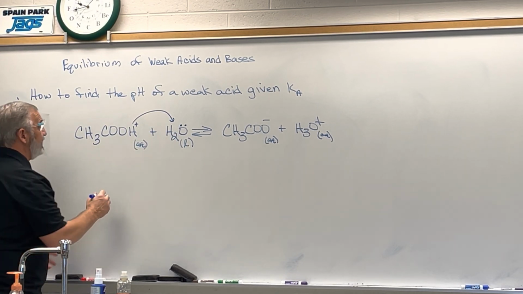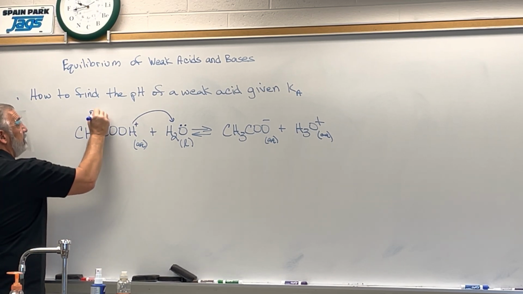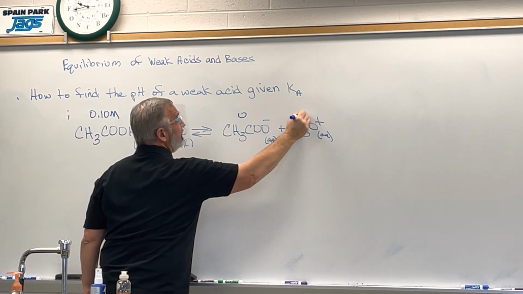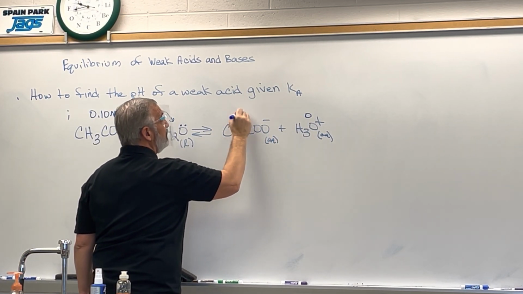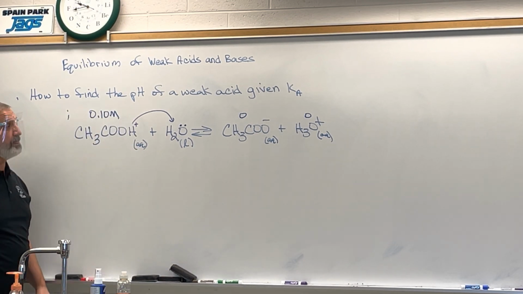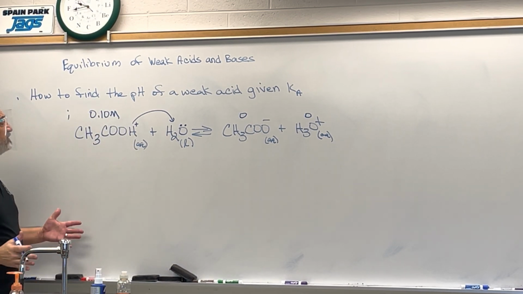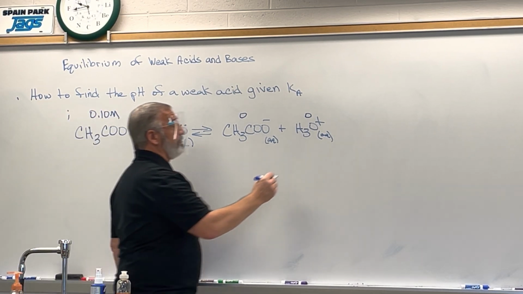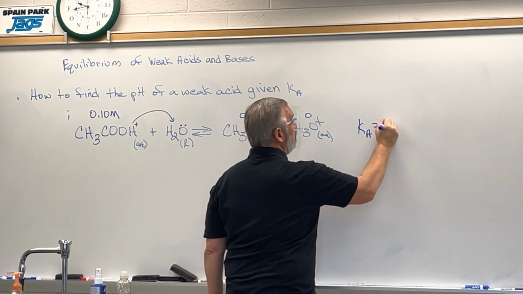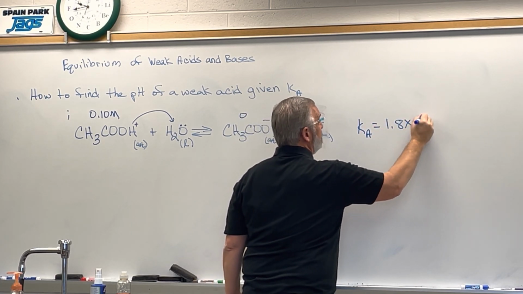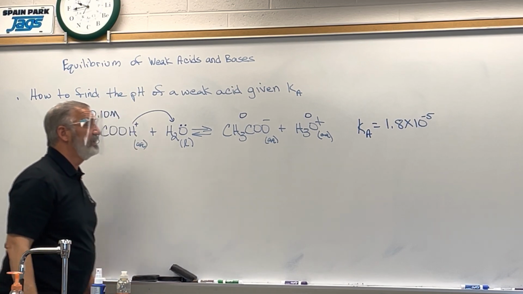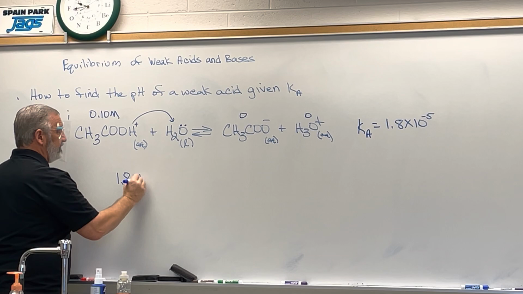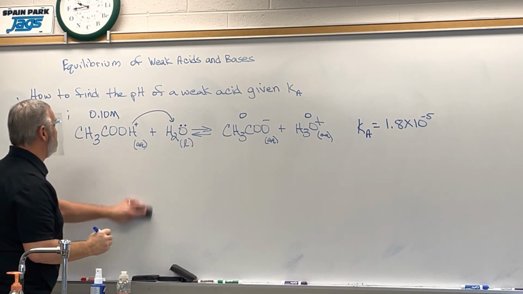Now, let's say I put in 0.1 molar of this initially, and we have 0 and 0. But now, because it's a weak acid, can I assume 100%? No. So this is where I have to use equilibrium. My Ka is given as 1.8 times 10 to the minus 5. So my equilibrium expression, well, let's finish my ice table first.